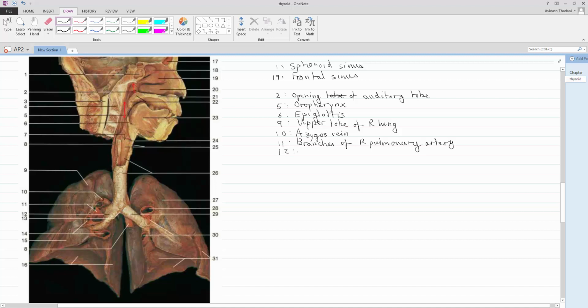12 is the right main bronchus. 13 is the bifurcation of the trachea, which is also given a name, which is the carina. 14 is the branches of the pulmonary vein.